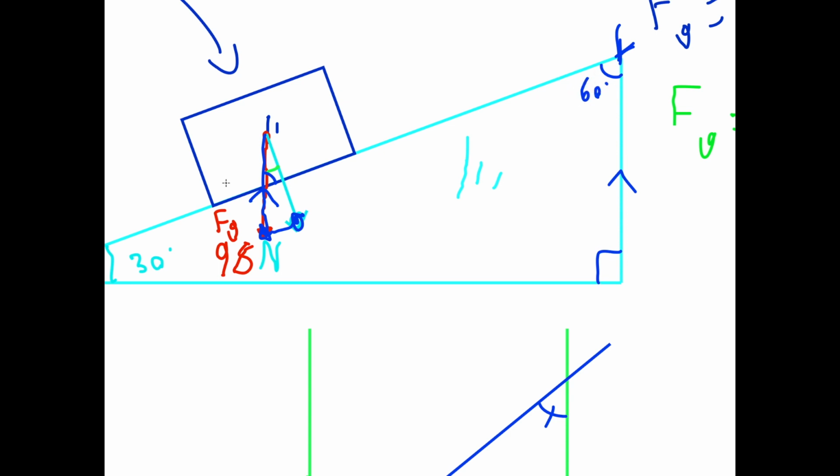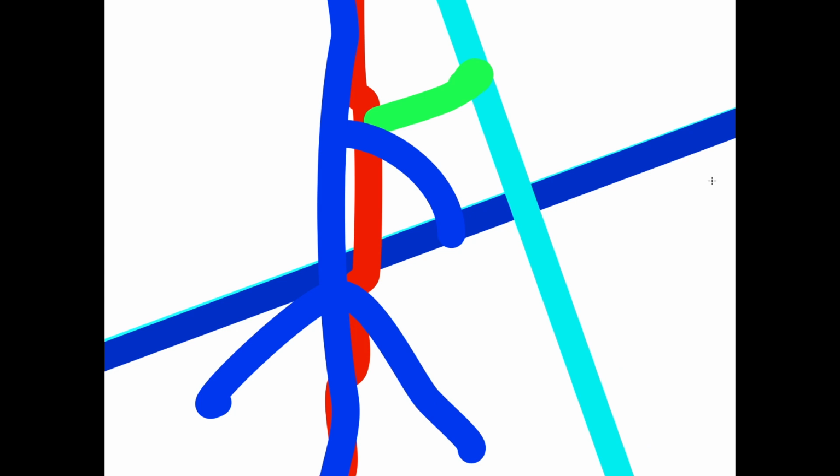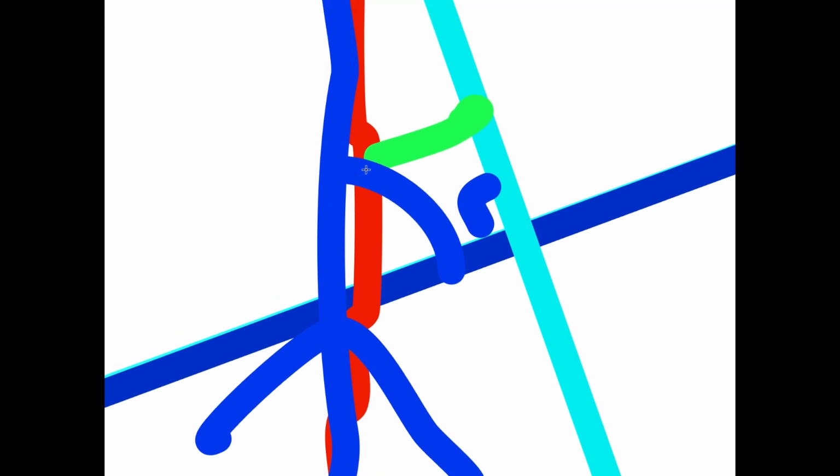Now let's zoom in on this little section here. We know this angle right here is 60 degrees, right? And we know this is a 90-degree angle, given by our definition. So if this is 60, and this is 90, this is going to be 90 minus 60, so we subtract.